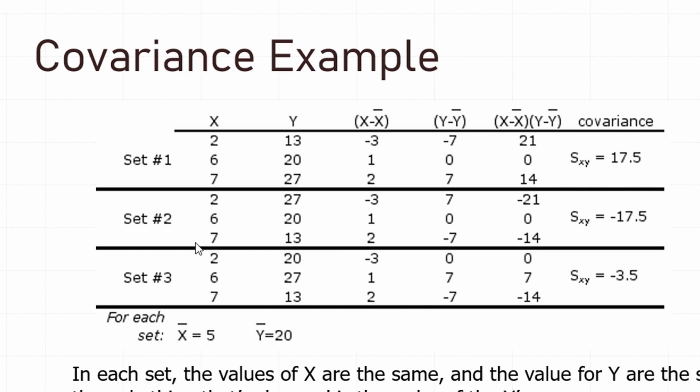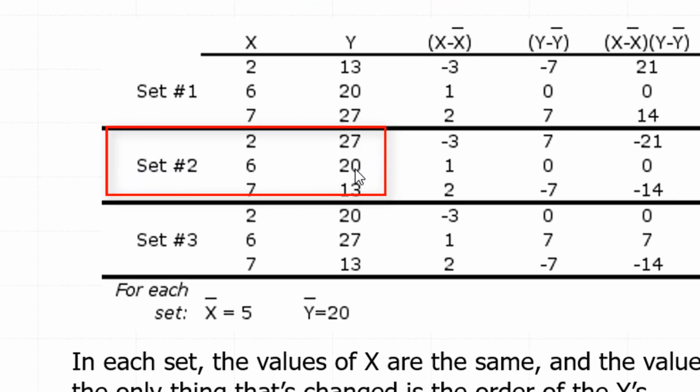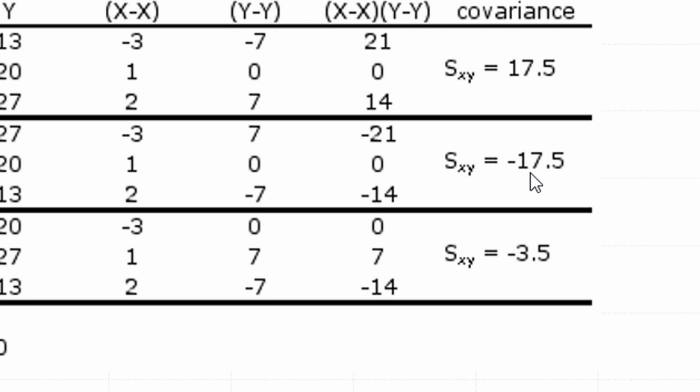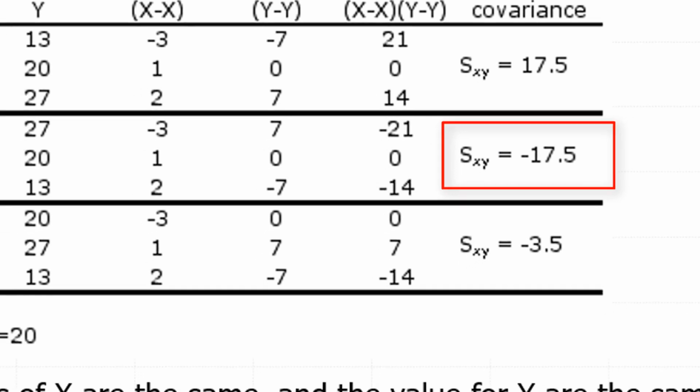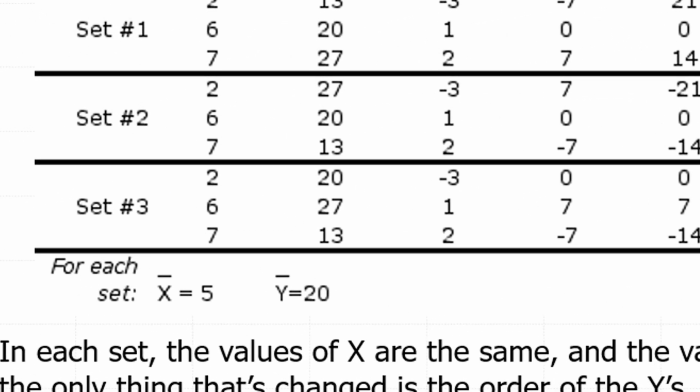In set number 2, as x increases, y decreases. x is increasing 2, 6, 7, y is decreasing 27, 20, 13, and we have a large negative number, which is minus 17.5. And in data set 3, as x increases, y doesn't move in any particular direction, so the covariance is a small number.